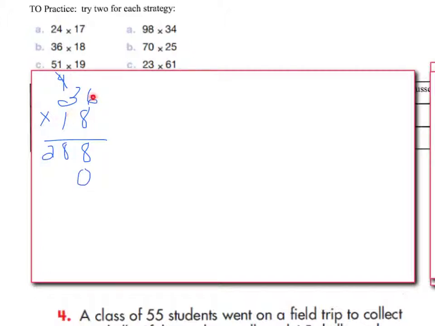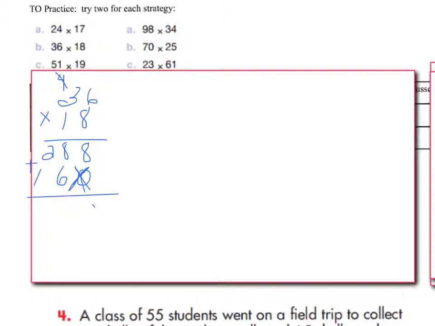Now I'm looking at the tens place. 1 times 6 is 6. Remember to put in that placeholder, of course. I chose a 0 this time. Usually I make it an X. Let's make it an X again. So I've done my 1 times 6, that's 6. Now I have to do my 1 times 3, which is just 3.